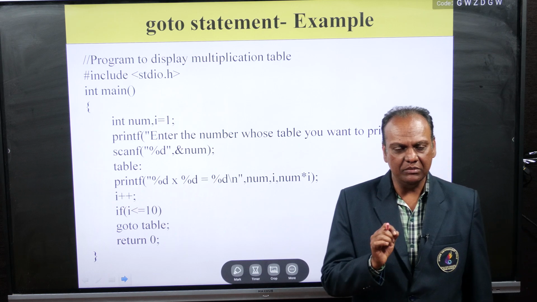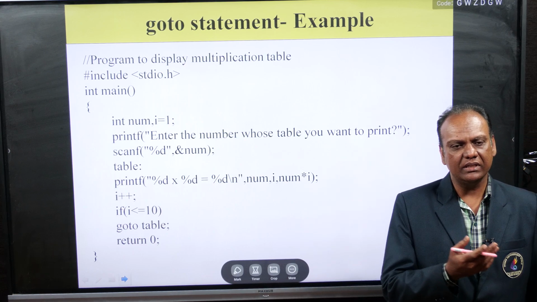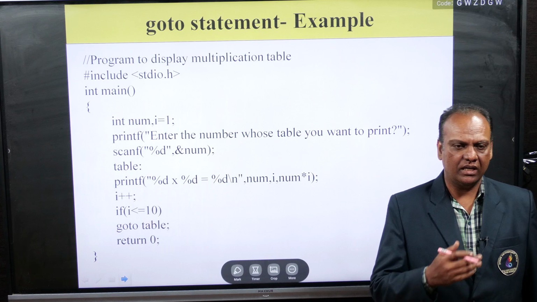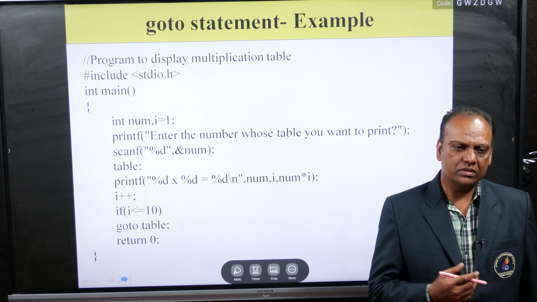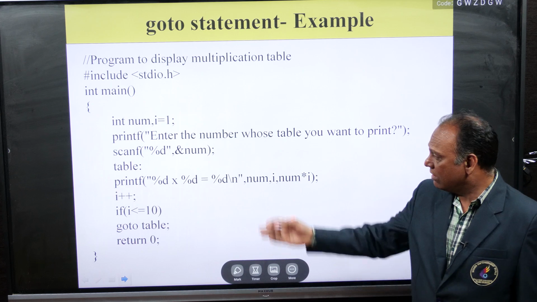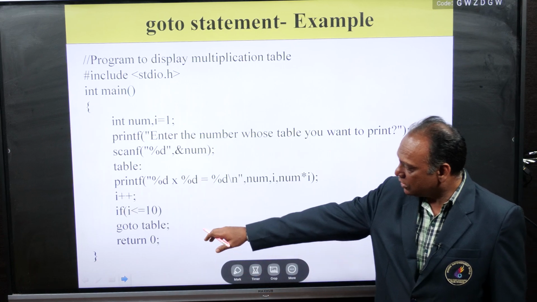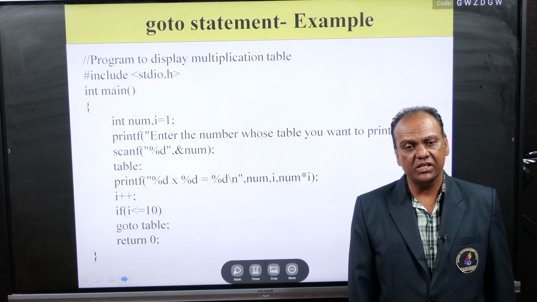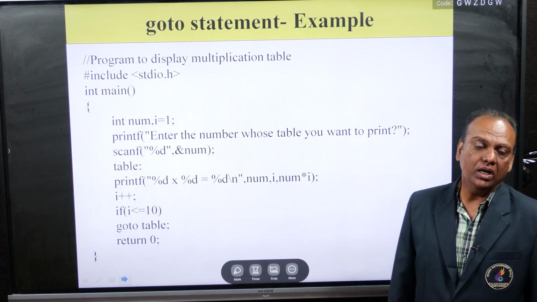This simple program can be written by using any control statements, that is entry controlled or exit controlled statements, that is while, do while or for loop, and we can write the same program. But here, we want to know how the goto statement is used to print the table for a given number of rows.